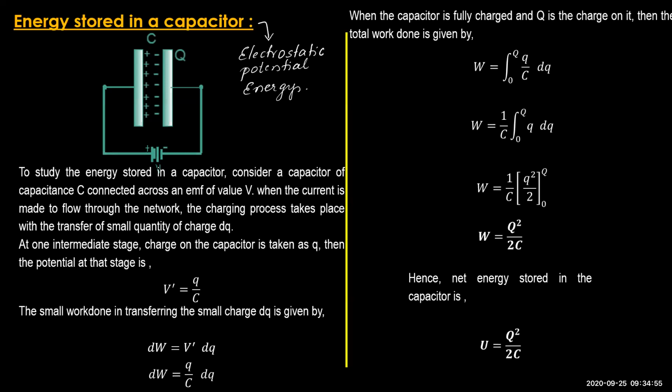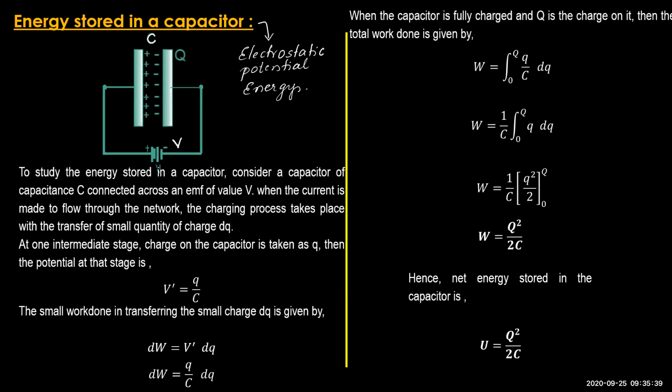For that purpose, we took one capacitor of capacitance C connected across a battery of potential difference V. As the current starts to flow through this capacitor, charges start to store on the inner walls of the capacitor where there is dielectric medium. If it is vacuum, then the charges will be stored on the surface of the plates.